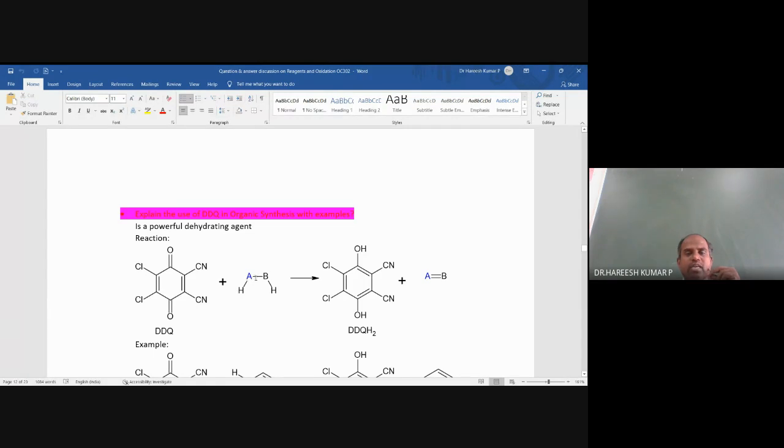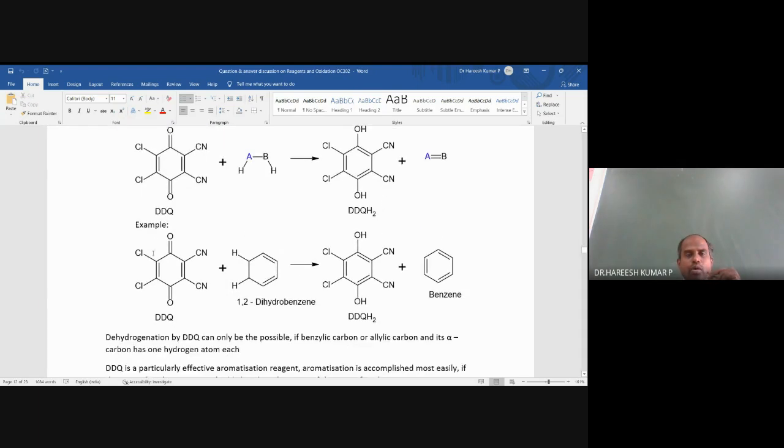So this is a substrate. The substrate is converted from a saturated into an unsaturated one. This particular method is useful for the conversion of a partially saturated compound into an aromatic compound. Here I am taking a partially saturated compound, 1,2-dihydrobenzene.